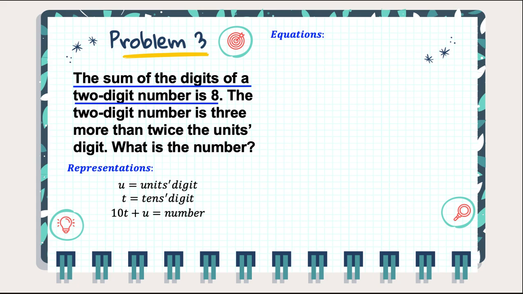The sum of the digits of a two-digit number is 8. So just adding the units and the tens digit, the sum should be 8. So the first equation will be u plus t equals 8. If you were able to write t plus u equals 8, it's okay. Next, for the second equation, be careful as you translate each of the sentences here into mathematical equations.